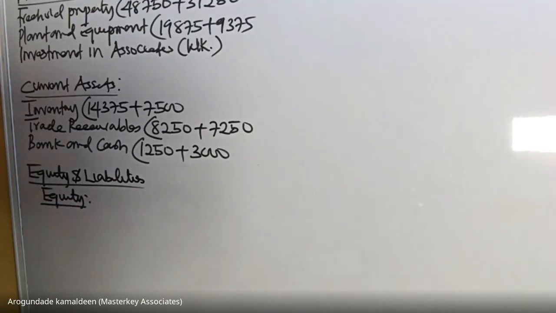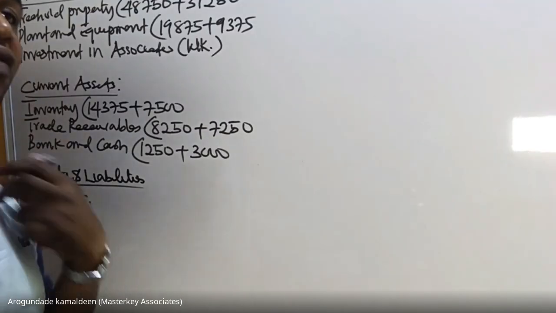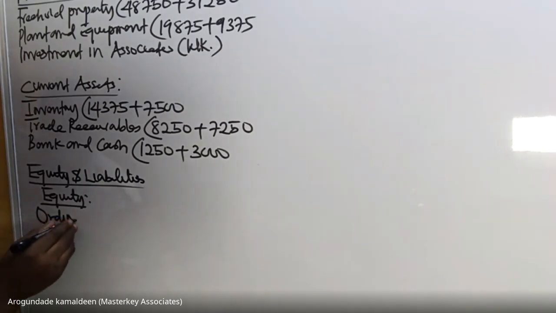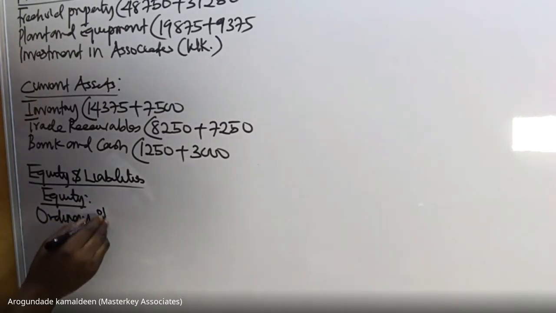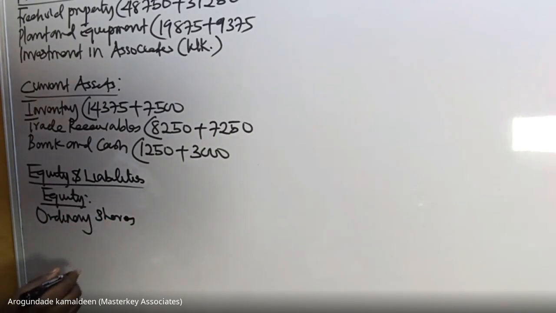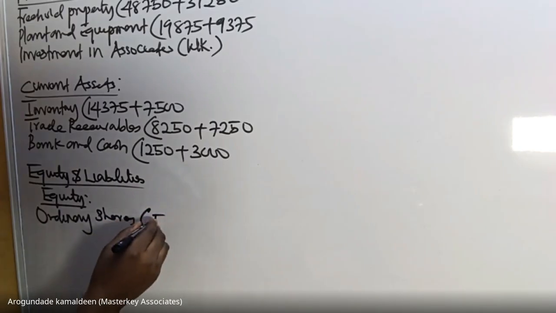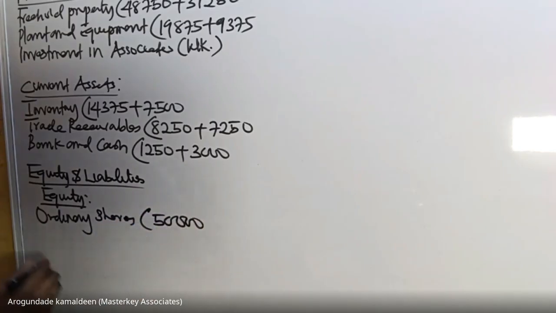I've always told you, it is only the equity of the parent company you are going to show. Here we have the ordinary shares of the parent company, that is 50,000. Let's put this here. Then you have retained earnings.